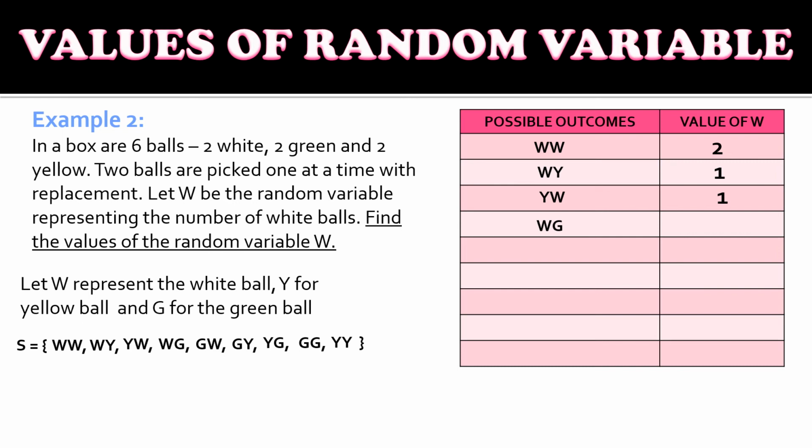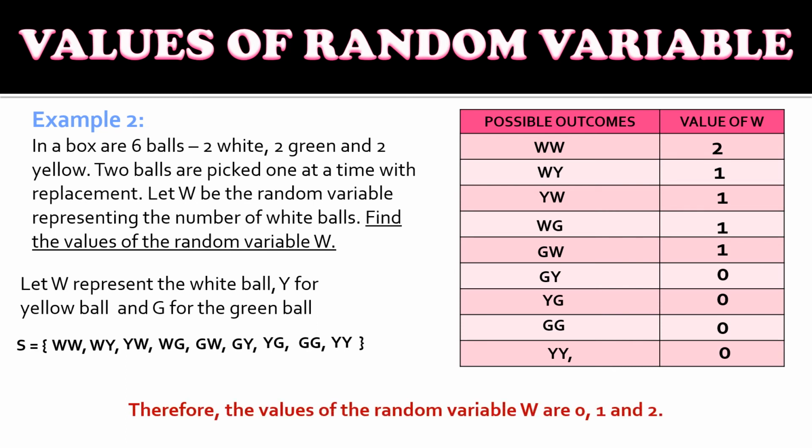White and green, there's 1 W, so that's 1. Green and white, so that's 1. Then green and yellow, that's 0. Yellow and green, that's 0 also. Green and green, 0, and yellow and yellow, 0. Therefore, the values of the random variable W are 0, 1, and 2.